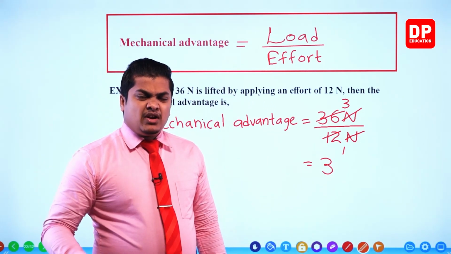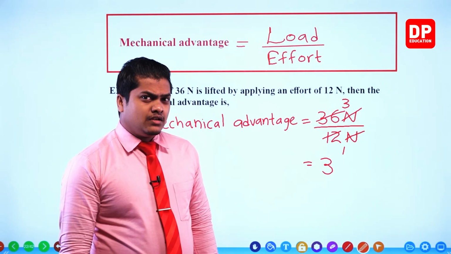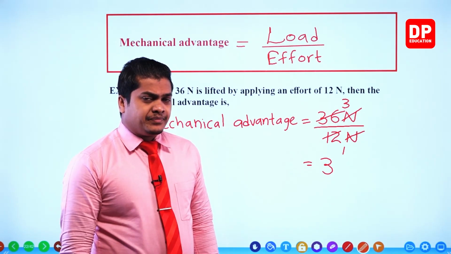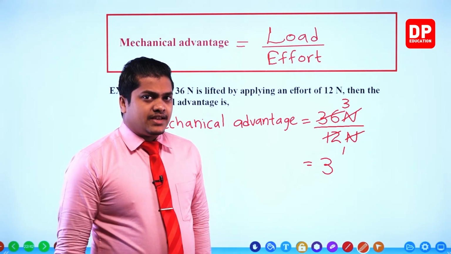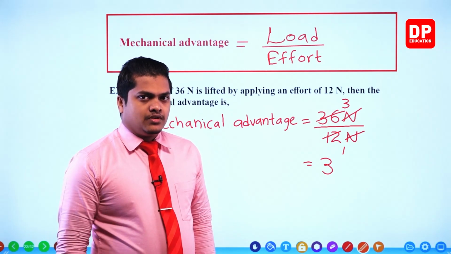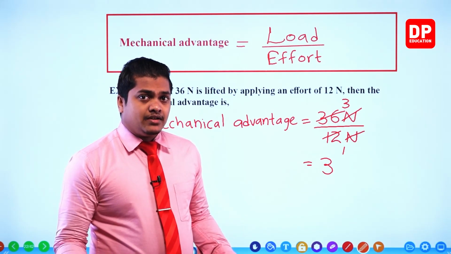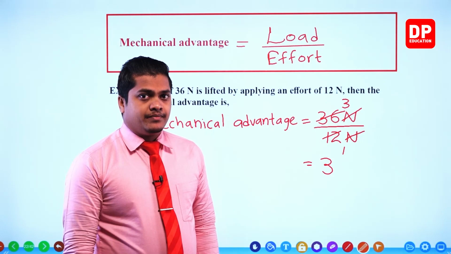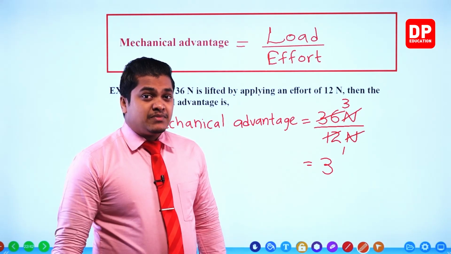So what's the meaning of this 3 then? Actually, this 3 indicates 3 times. What do you mean by 3 times then? It means, my dear children, this is 3 times beneficial.